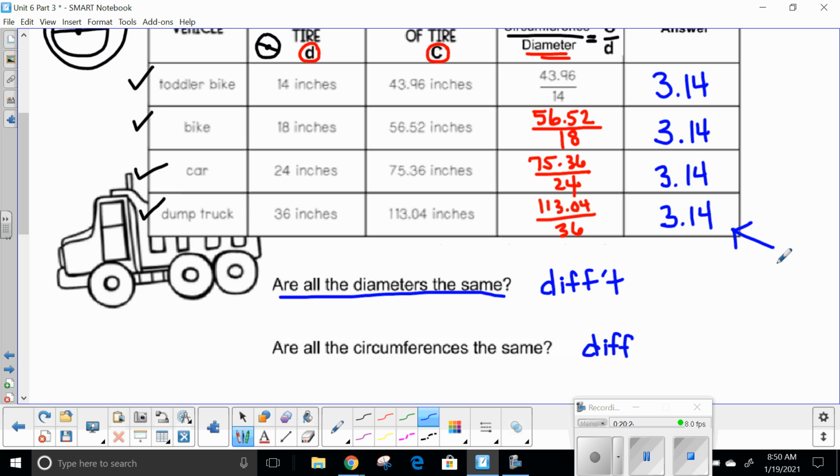And basically, pi is just a fancy variable, and pi will always equal 3.14 unless you're told otherwise. We'll talk about that later. So you guys have to remember that. What is pi equal to? The ratio of C divided by D. And it always equals what?